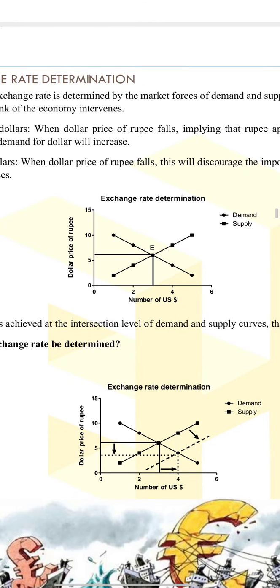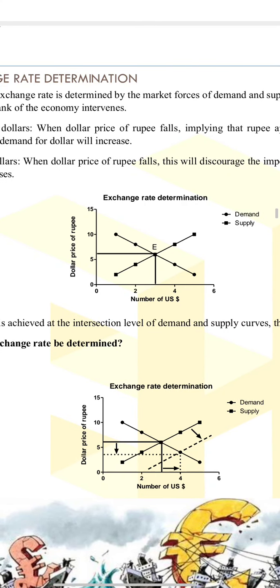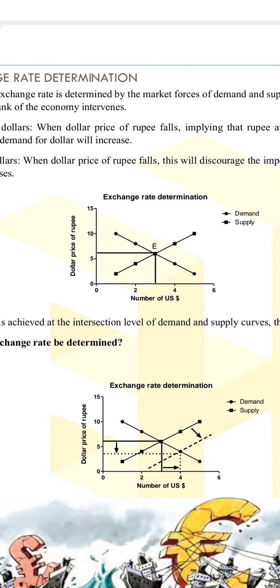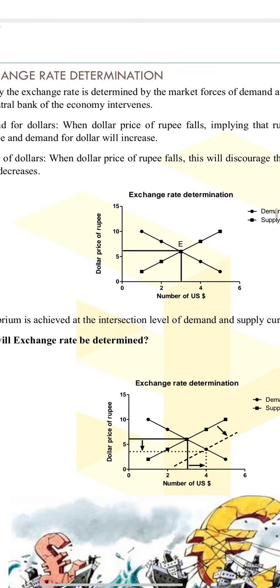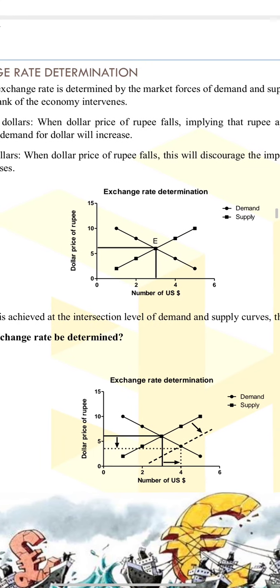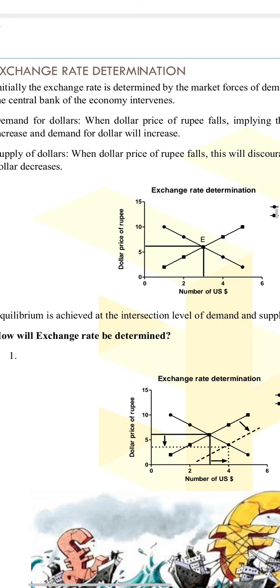First is the demand curve and second is the supply curve. The demand curve is downward sloping and the supply curve is upward sloping. The intersection point is the equilibrium point that identifies the exchange rate of the US dollar at a certain price.